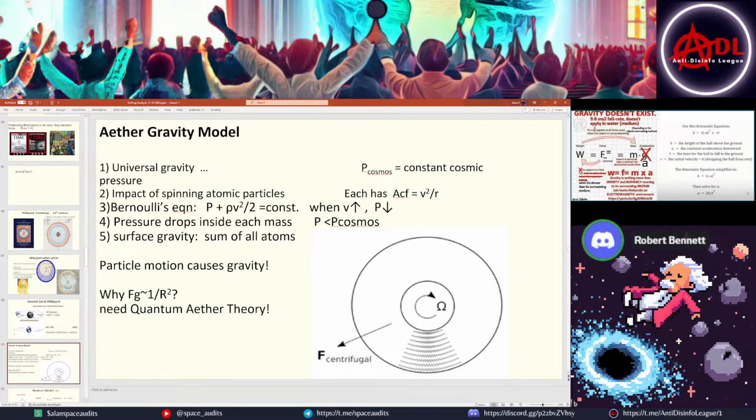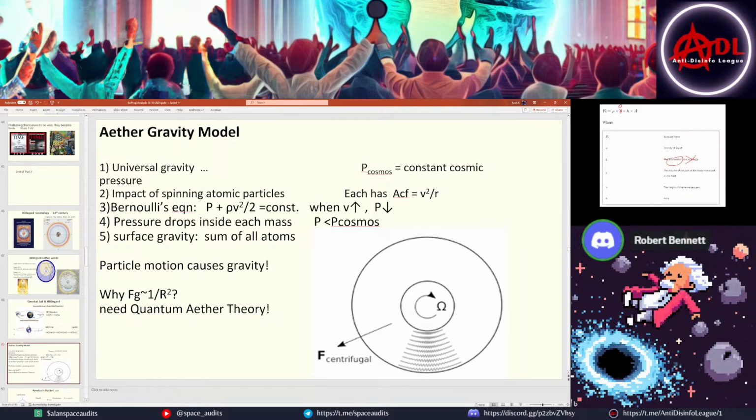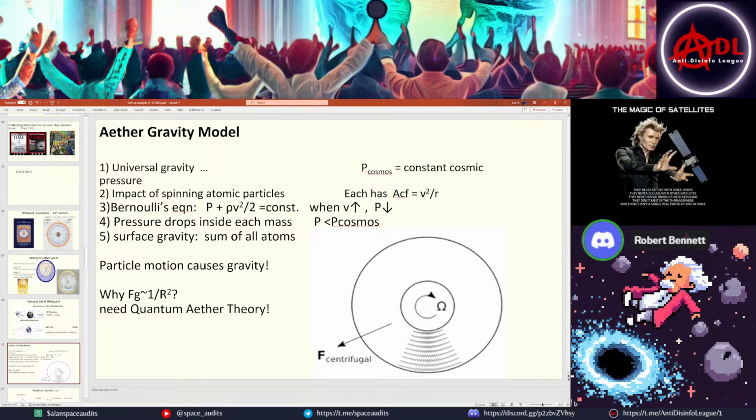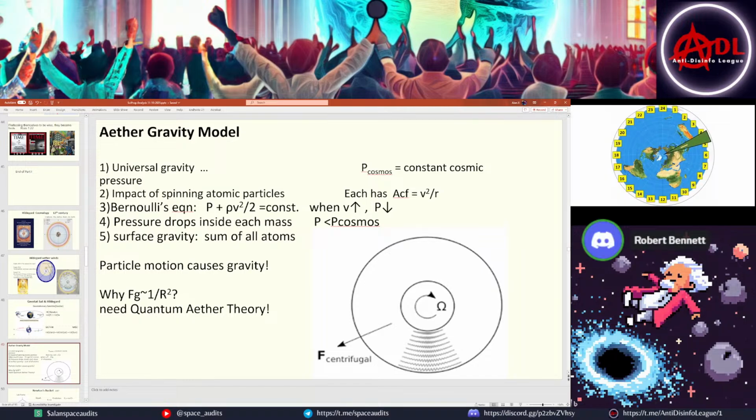And that's what we call gravity. So I'm saying the motion of the spin of the ether atoms creates a pressure drop, and that pressure drop is less than the outside, so the outside tries to push in, which is what gravity is. Now, why is it an inverse square law? That is still to be done, TBD.